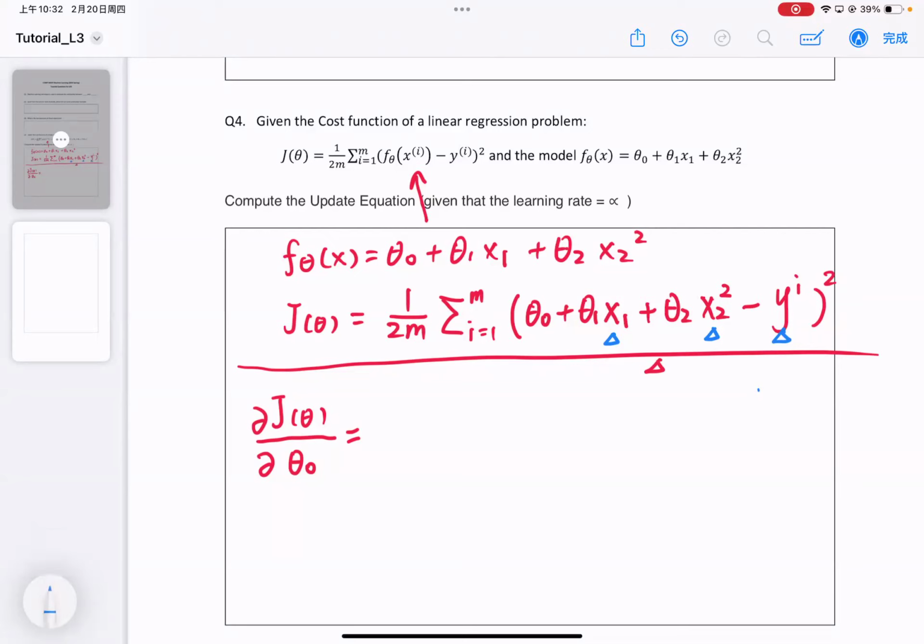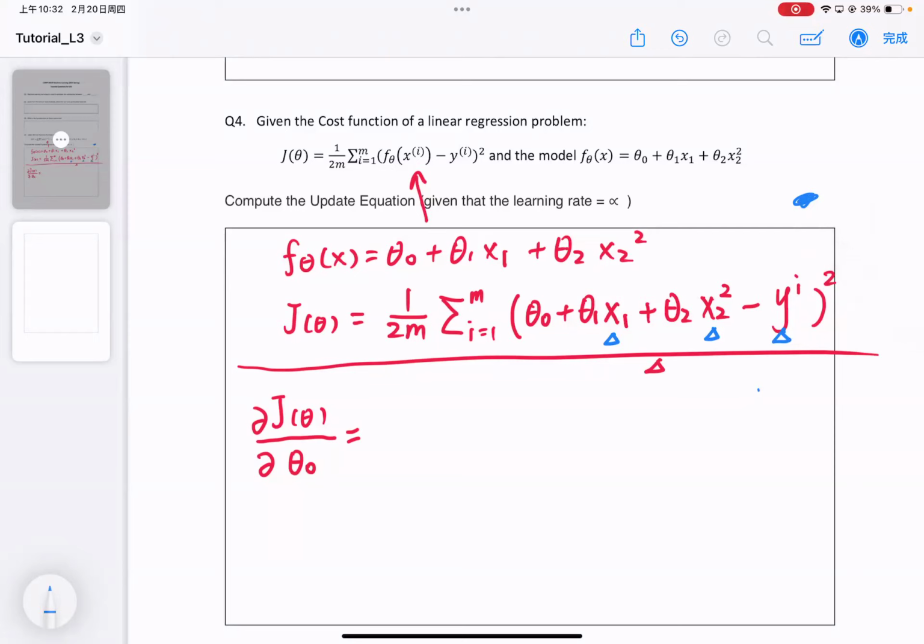When you treat them as constants, you just need to regard this as something related to theta.